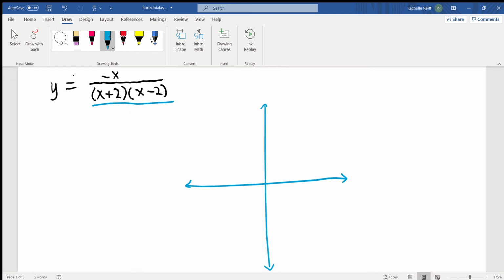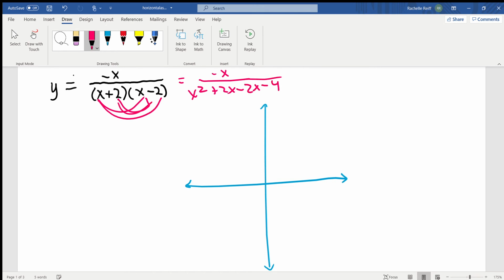It's factored, so we want to get it unfactored first. I'm going to rewrite this as negative x over x squared plus 2x minus 2x minus 4. And if I simplify that, plus 2x minus 2x is just 0, so I can rewrite the bottom as x squared minus 4.